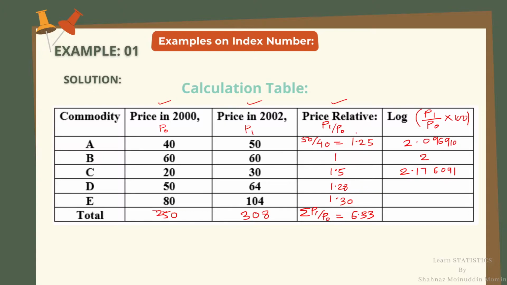We shall multiply it by 100 and take the logarithm. 2.107299. Similarly, 2.1139433. Next is 10.494154. This is the addition of log of P1 by P0 into 100.